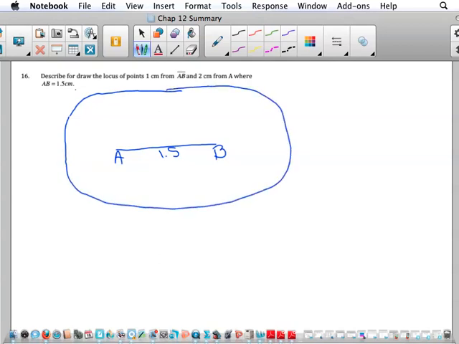It's going to be this oval. And then we want it to be 2 centimeters from A. So that's going to be this circle. So the locus of all points where that 1 centimeter from AB and 2 centimeters from A intersect are right here and right here. So those are the 2 points that make up the locus of points that satisfy both of those conditions.